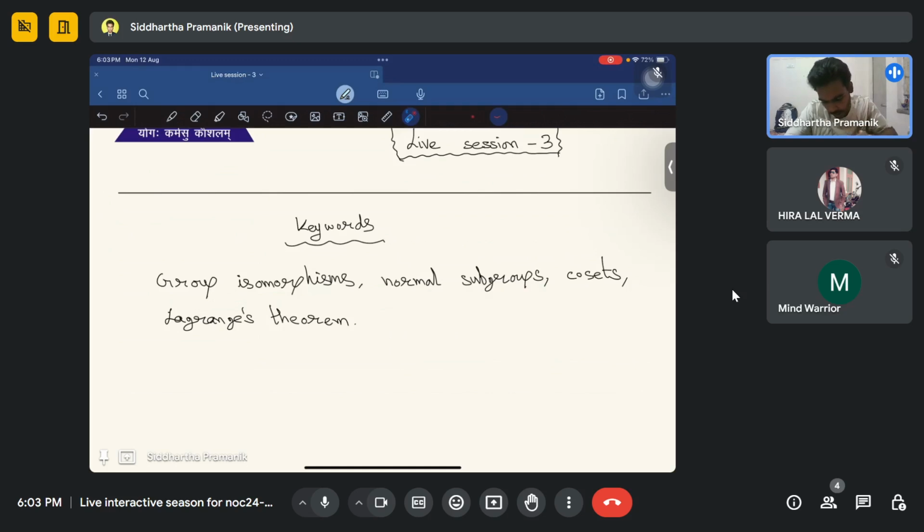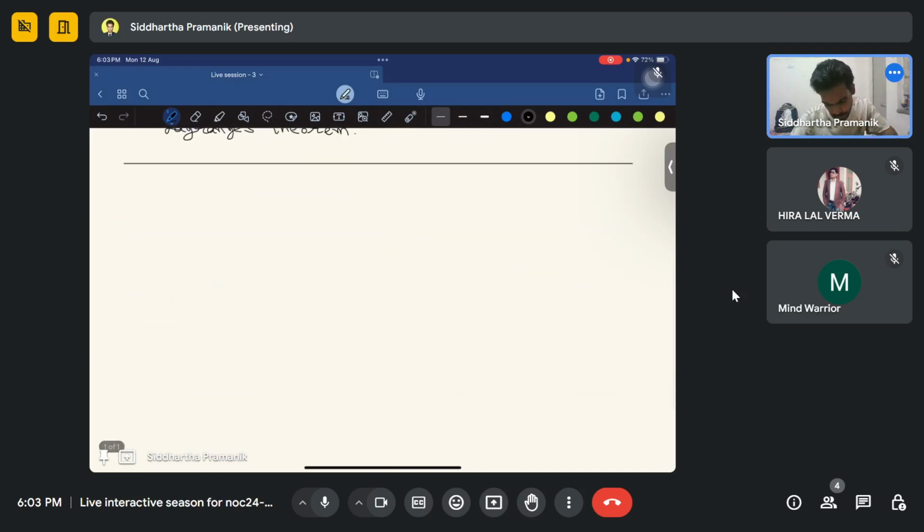Let me start by giving some problems on group isomorphisms. First I will list down some properties of group isomorphisms which will help you decide whether two groups are isomorphic or not, in the problems of this session and also for the assignments.